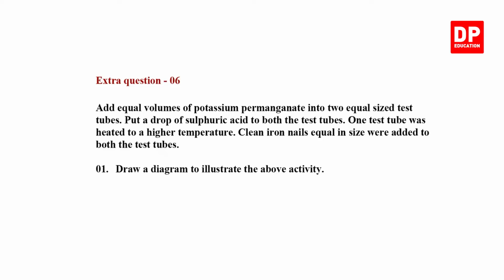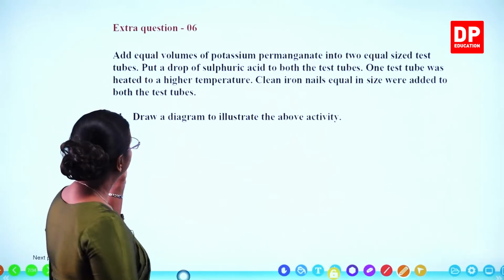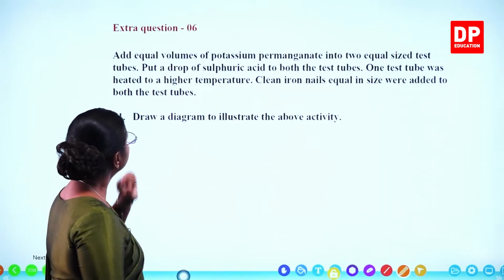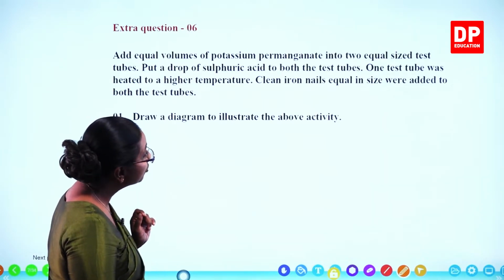Extra question 6. Add equal volumes of potassium permanganate into 2 equal sized test tubes. So, you know the reaction. Potassium permanganate is a purple color solution. Put a drop of sulfuric acid to both the test tubes.